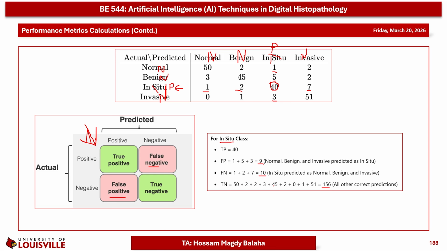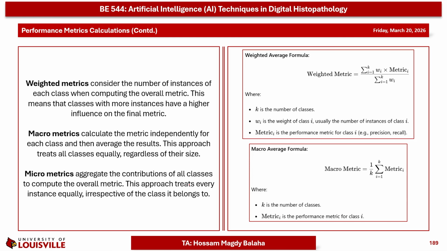So simply to calculate the performance metric, you need to use one of those ways: weighted metrics, macro metrics, and micro metrics. And the difference between them is how to engage the elements of each confusion matrix for the different classes together, aiming to get a final performance metric.